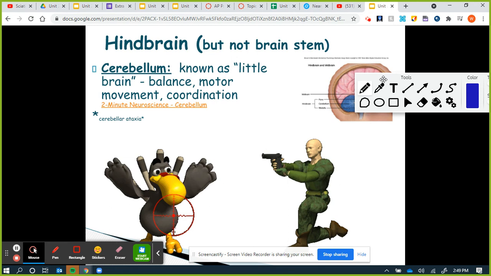Cerebellum is mostly involved in fine motor movement, balance, coordination, all of these things, and is also involved in classically conditioned responses. Any sort of automatic response, dog salivating to the sound of a bell, linking those things, that is the cerebellum that is involved with that.